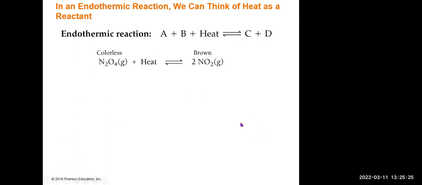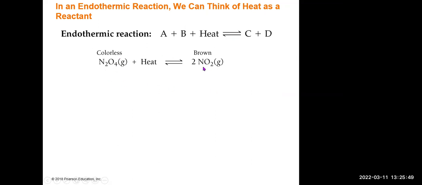And for the endothermic reaction, we're still using the same generic letters A, B, C, D. Some way it will tell you it's endo or exo. So then you will write heat on the left. And this is a very interesting equilibrium because these two have different colors.